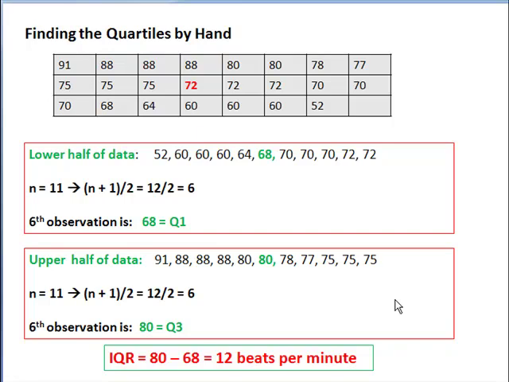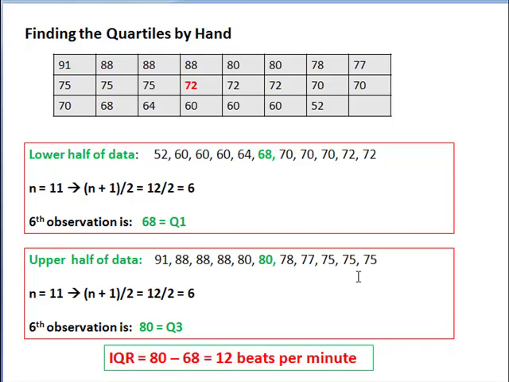So let's go back to our now familiar pulse rate data. Previously, we found the median to be 72. Now, when the median is part of the data set, not the average of the two middle values, we do not include the median in either the lower or upper half of the data.